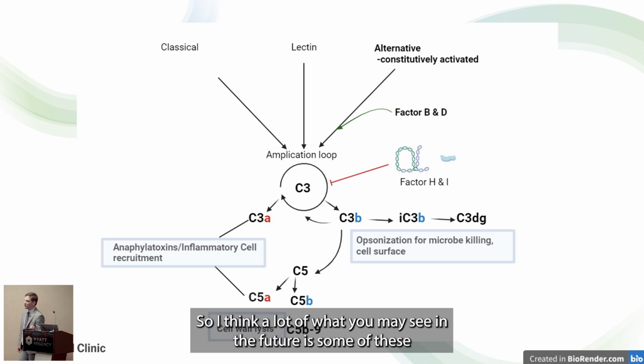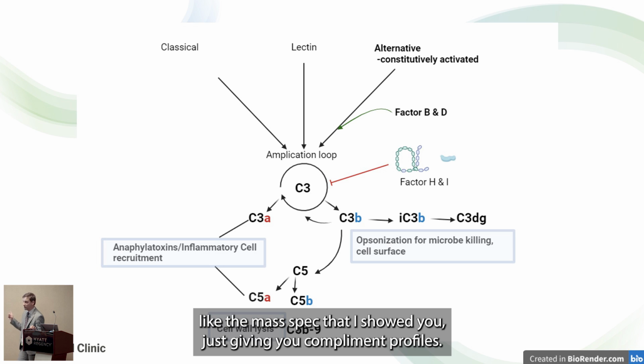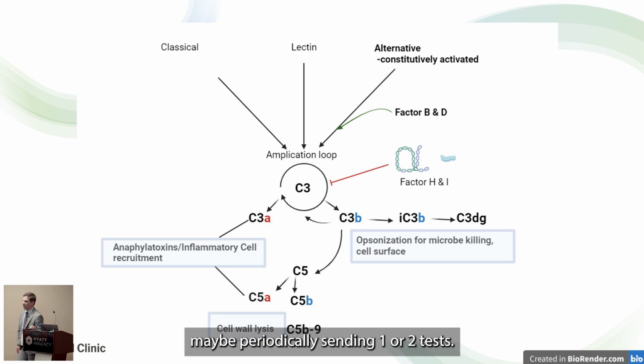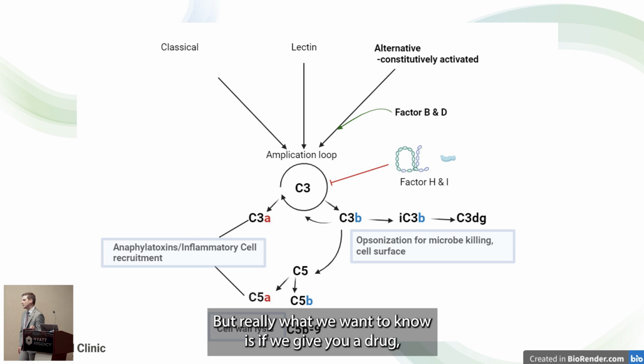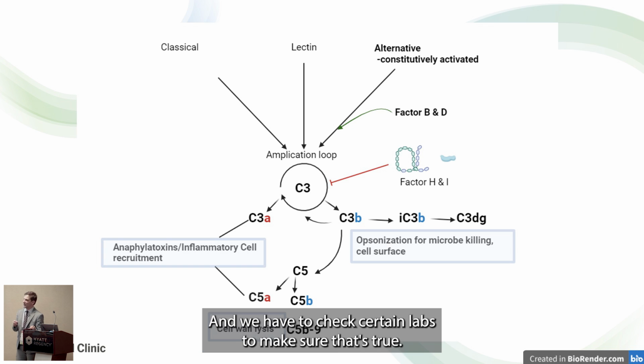So I think what you may see in the future is some of these specialized centers or quaternary care facilities doing more things like the mass spec that I showed you, giving you complement profiles, maybe periodically sending 1 or 2 tests. But really what we want to know is, if we give you a drug, how do we know it's doing the thing we intended for it to do?